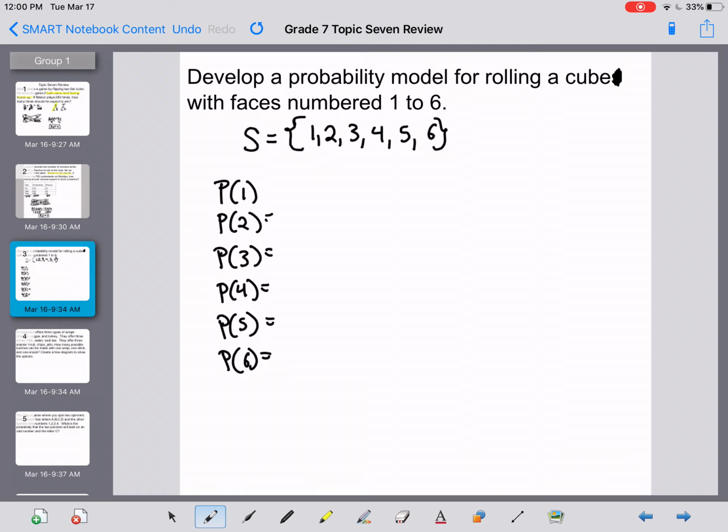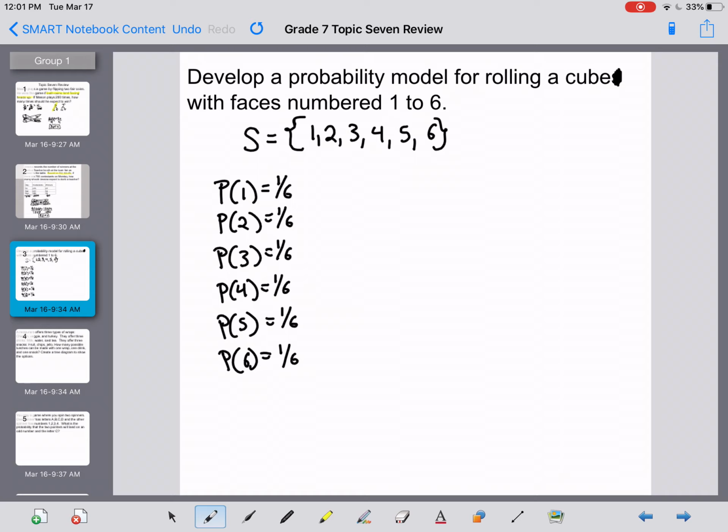I'm going to have to find all 6 of these probabilities. The probability of rolling a 1 is 1 out of 6. Probability of rolling a 2 is also 1 out of 6. Probability of rolling a 3 is 1 out of 6. Probability of a 4 is 1 out of 6. Probability of a 5 is 1 out of 6. And the probability of a 6 is 1 out of 6.